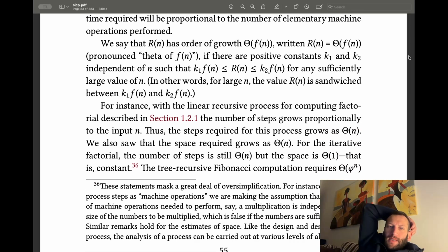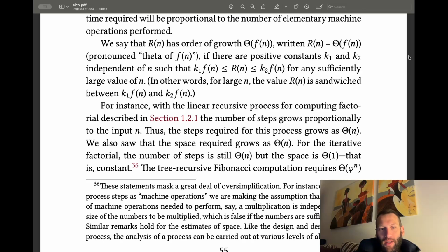For instance, with the linear recursive process for computing factorial described before, the number of steps grows proportionally to the input n. Thus, the steps required for this process grow as Θ(n). We also saw that the space required grows as Θ(n). For the iterative factorial, the number of steps is still Θ(n), but the space is Θ(1).